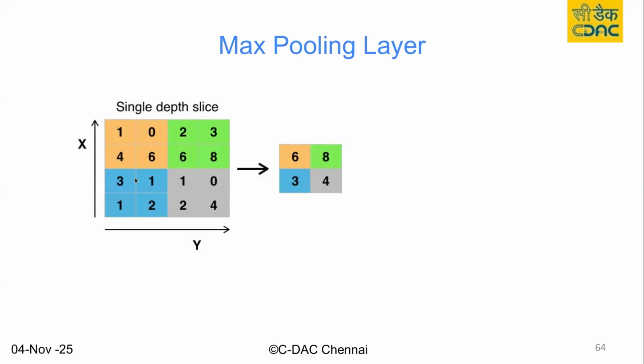Out of this 2 cross 2, 3, 1, 1, 2, the maximum value is 3. Out of this 2 cross 2, 1, 2, 4, 0, the maximum value is 4.